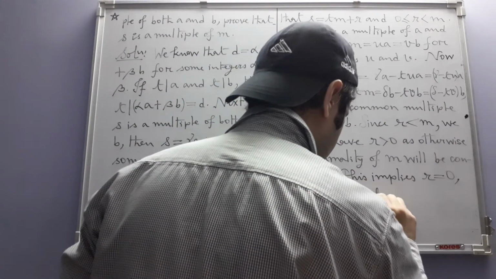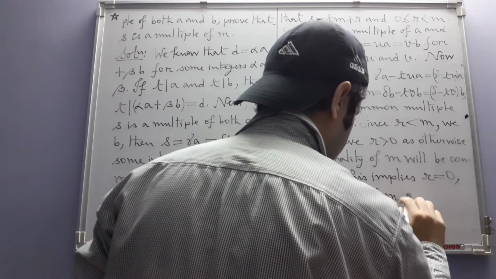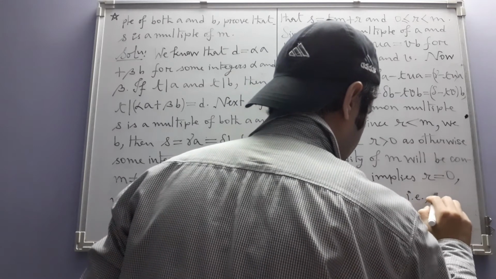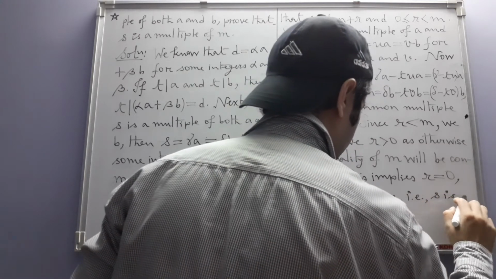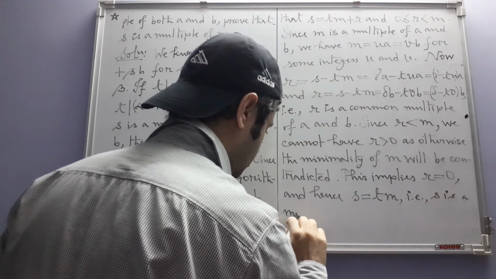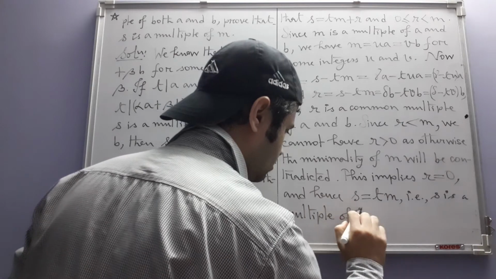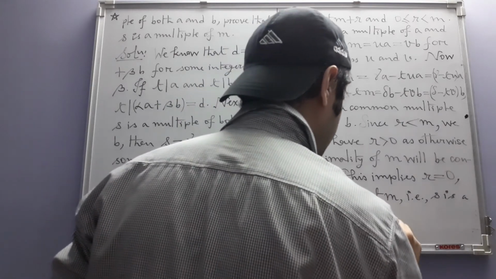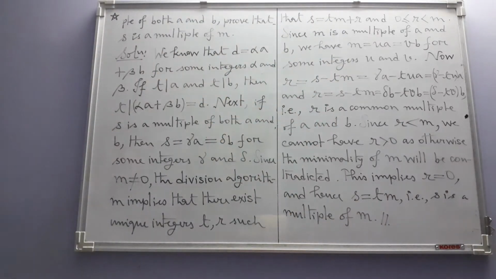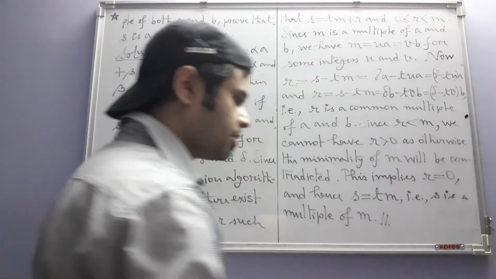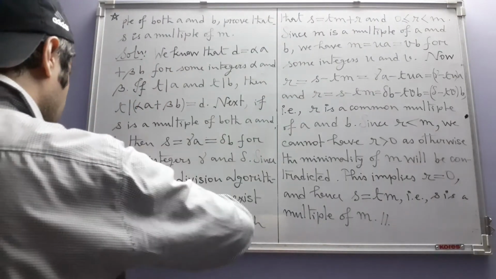S is equal to PM, that is, S is a multiple of M, and that's what we wanted to show. So this completes the current solution.